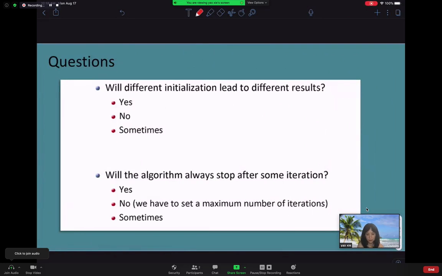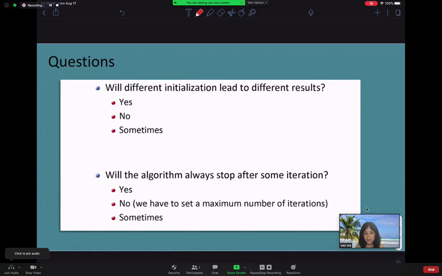Okay, so we have described the algorithm and seen the steps. Here is the time for you to think about what possible results can happen and possible properties of this algorithm. First question: will different initialization lead to different results? Yes, no, or sometimes?